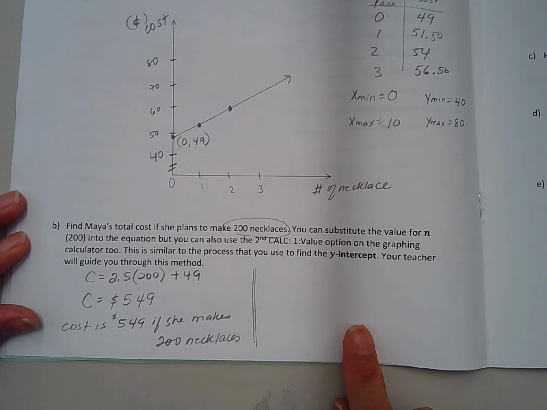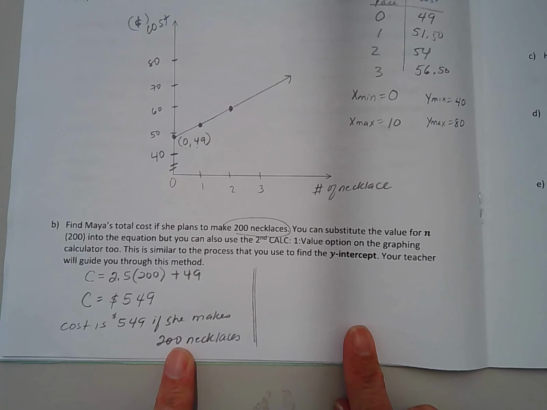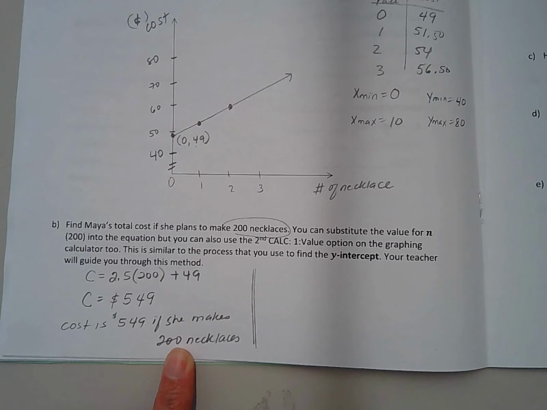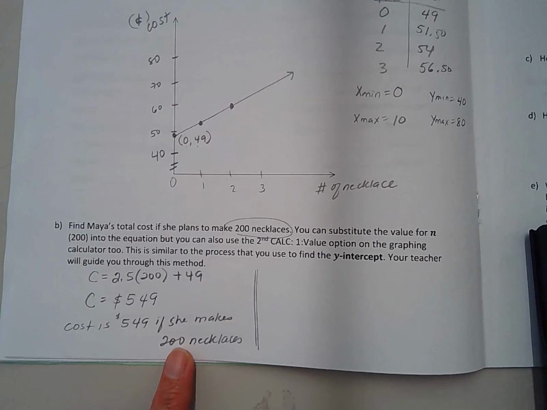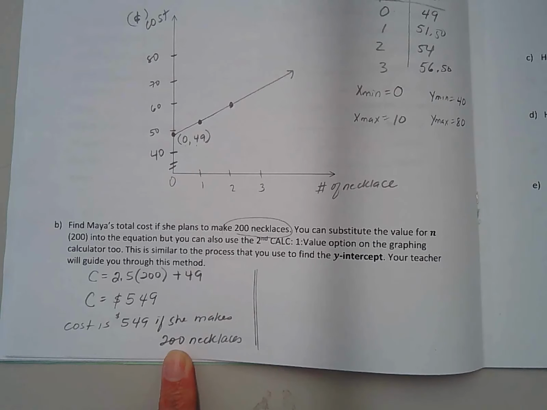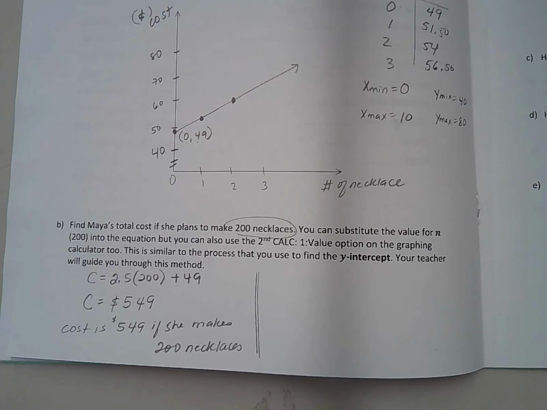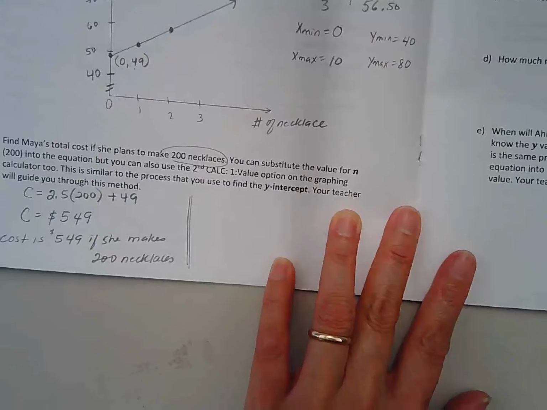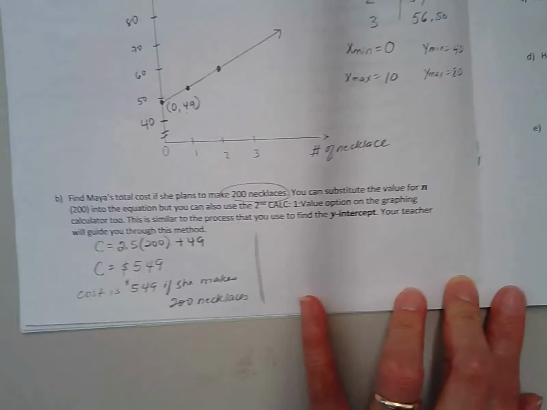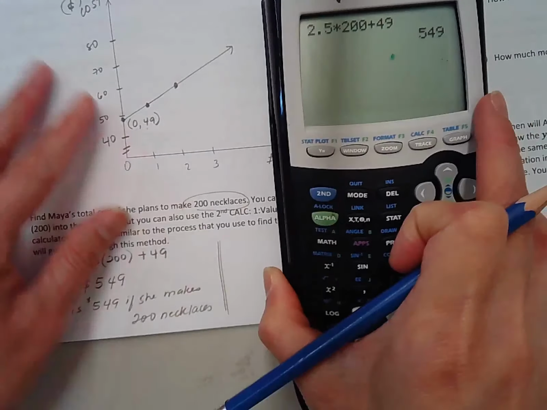How do you do that on a calculator? That's not bad, right? How do we do that on a calculator? What can we do? Maybe next time just move up and that makes it easy for you. So how do we do that using our calculator?